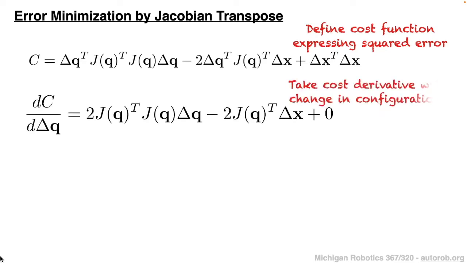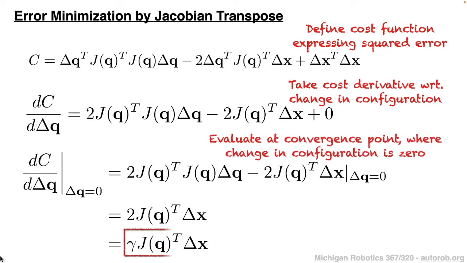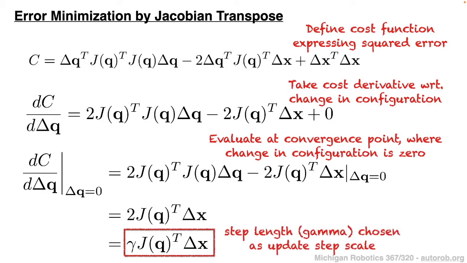So if we take the derivative with respect to the changing configuration, and we then evaluate this derivative at the convergence point where the change in configuration is 0, what we'll ultimately show is that this corresponds to taking a step along the Jacobian transpose multiplied by the displacement in end effector position.